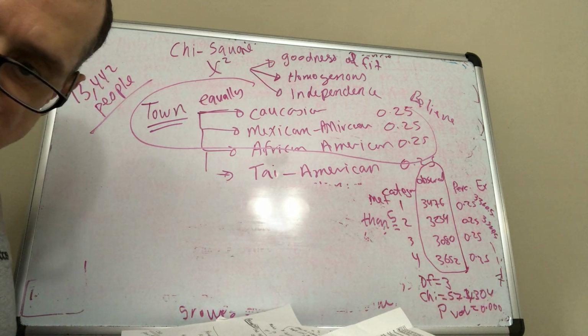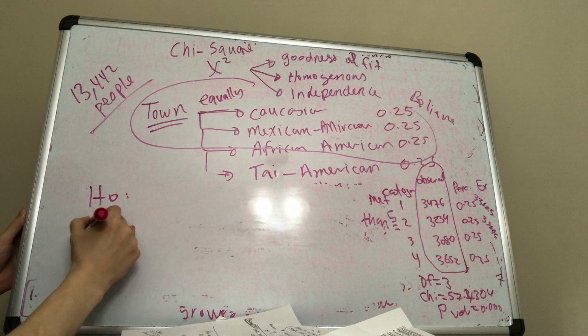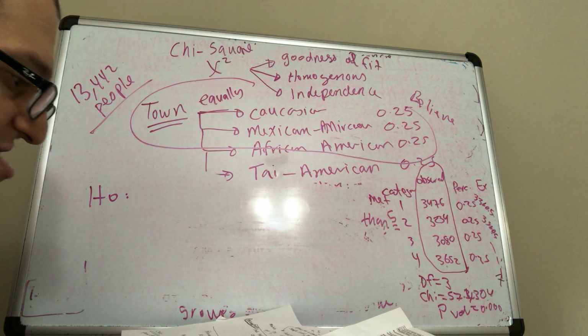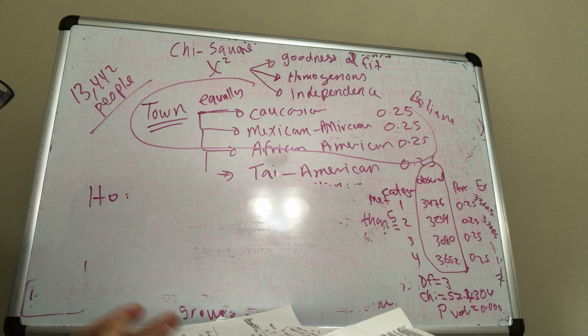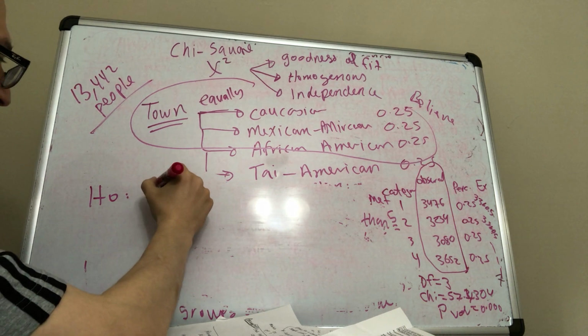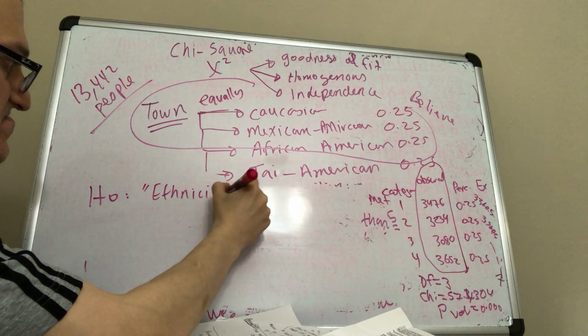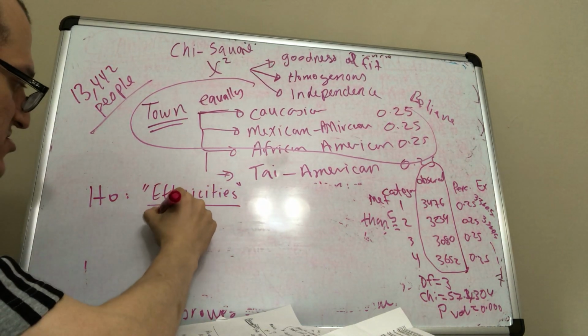So how do you state the hypothesis when it's goodness of fit? You start with your categorical variable, and we know it's ethnicities. So you put the name of the categorical variable.